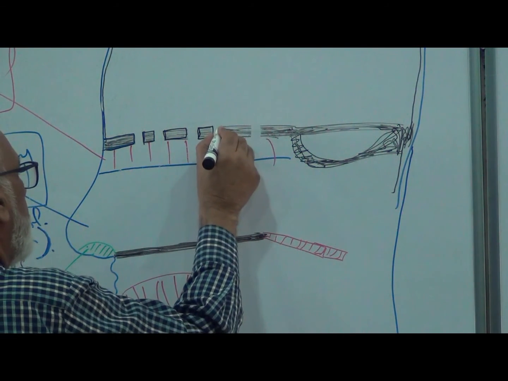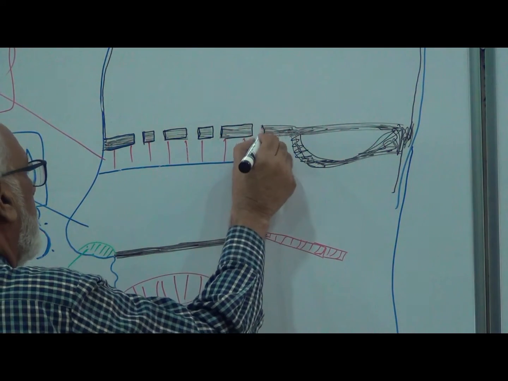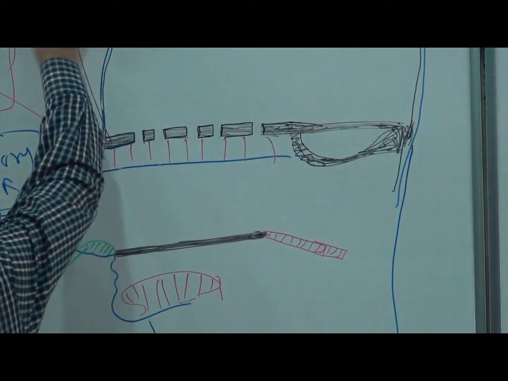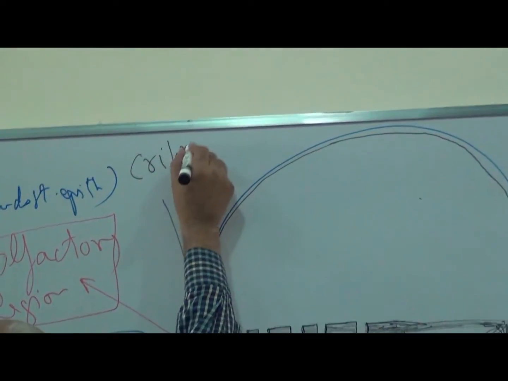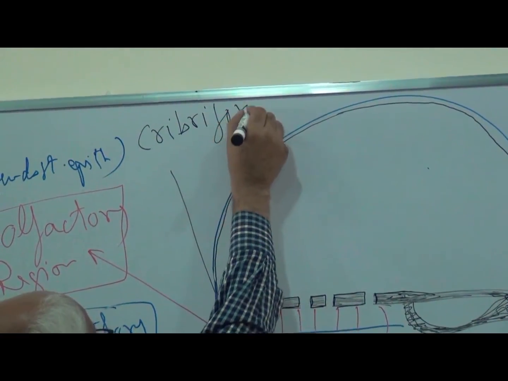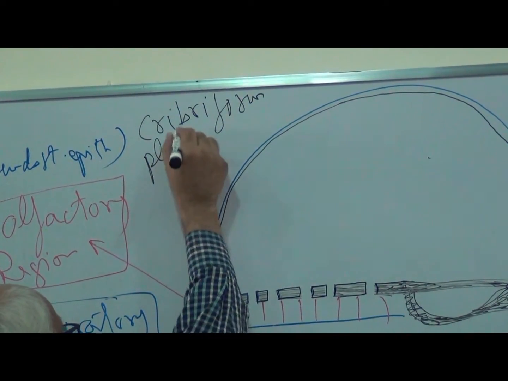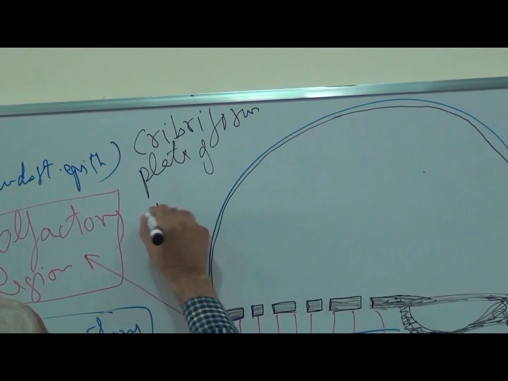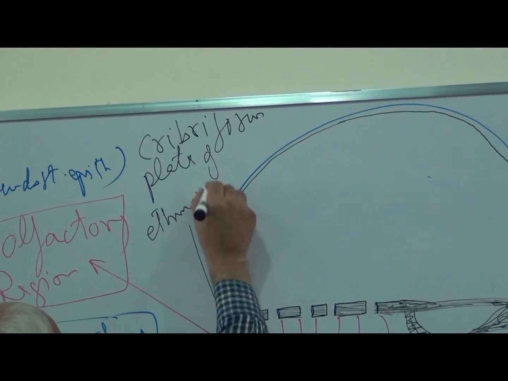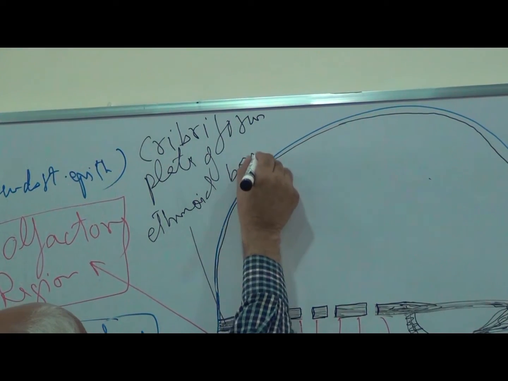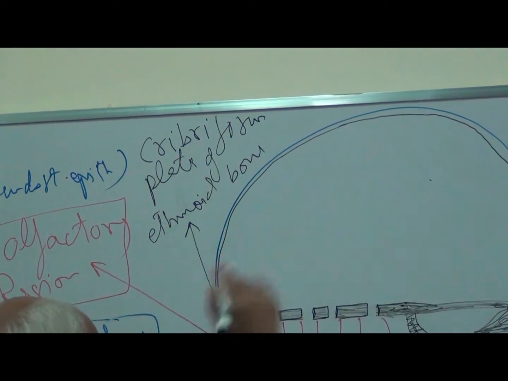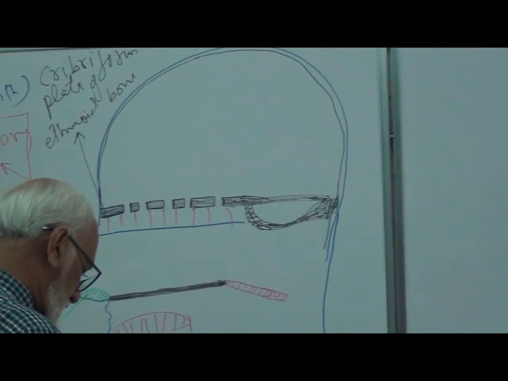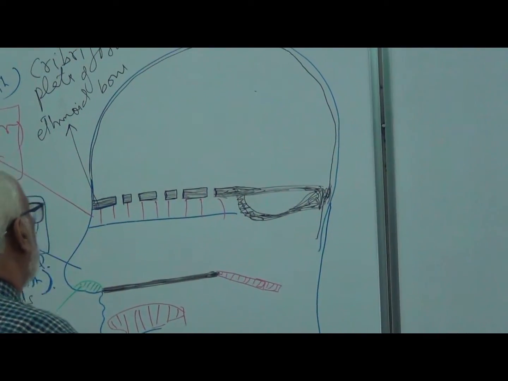And this bony plate belongs to the skull, which shows perforations. So this is the cribriform plate of the ethmoid bone of the skull. And this is the cranial cavity, which is occupied by the brain.